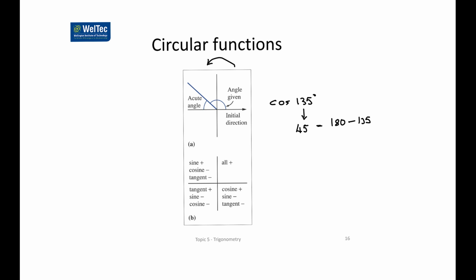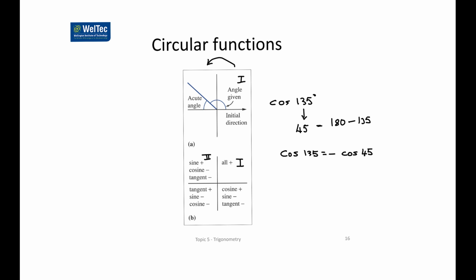So just thinking there that in the first quadrant, everything is positive. That's what it's got down here. In the first quadrant, everything is positive. In the second quadrant, cosine is negative. So the cosine of 135 is going to be equal to negative cos of 45. And you can look that up on your calculator.